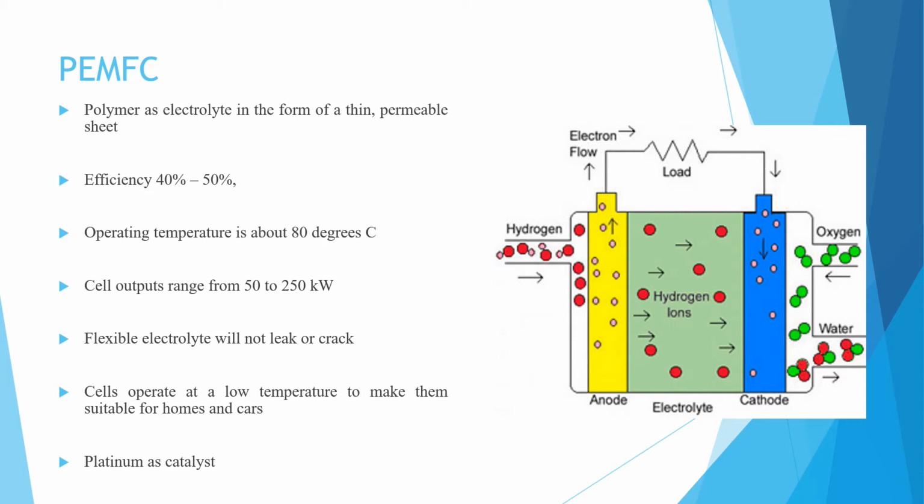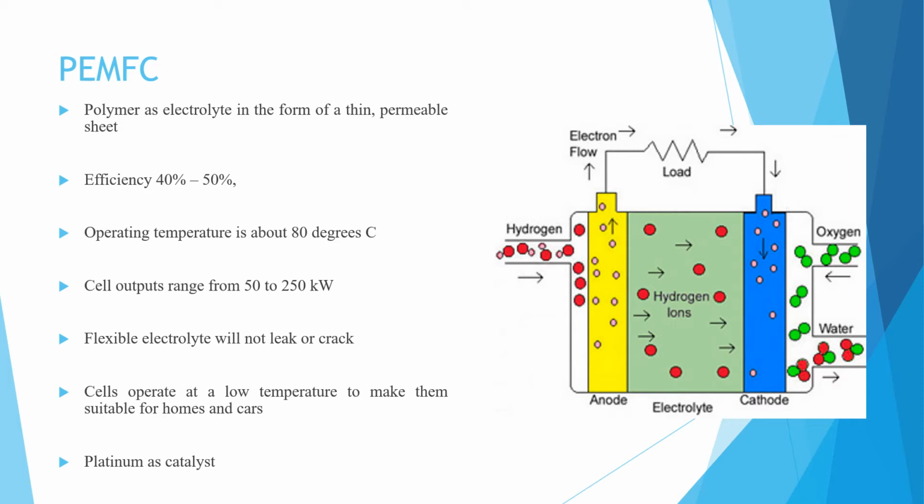The efficiency is 40% to 50%. Operating temperature is about 80 degrees Celsius. The cell output is 50 to 250 kilowatt. The flexible electrolyte will not leak or crack. Cells operate at a low temperature, making them suitable for home and car. Platinum is used as catalyst.